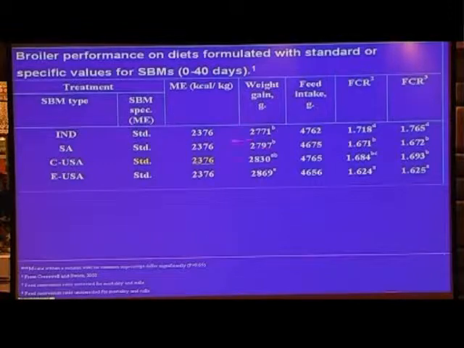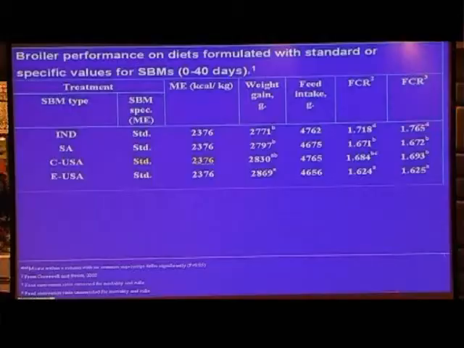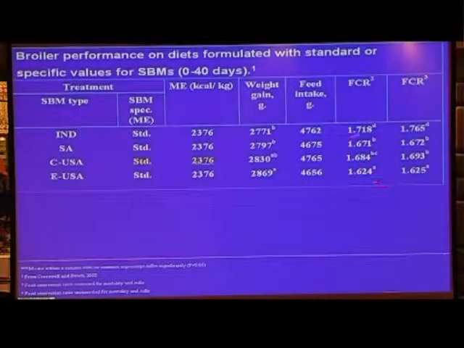And the lowest was the Indian soybean meal, which also had the lowest energy concentration. Feed conversion reflected that in a similar fashion. You have the lowest feed conversion with the high-quality soybean meal from the U.S. and the highest feed conversion with the Indian soybean meal, and the South American being intermediary.